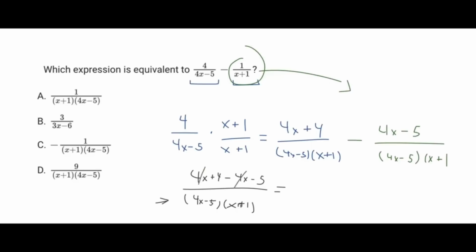But now in our case, we have 4 minus negative 5, so we're really just adding 5 to 4. That's going to be 9. So you have 9 on top, and then 4x minus 5 times x plus 1. And so we have our equivalent expression right here, and we can see that it matches up with answer choice D, and therefore that is our answer.